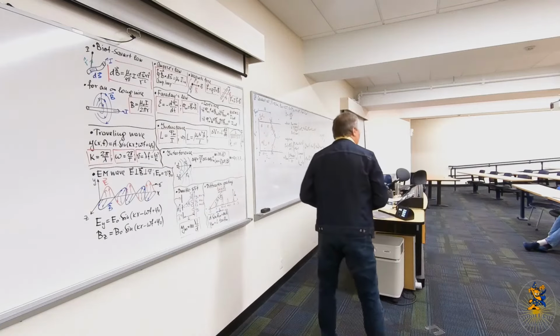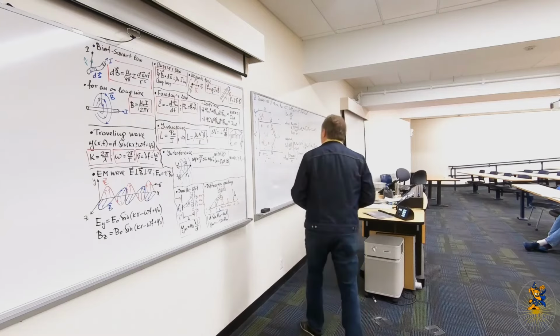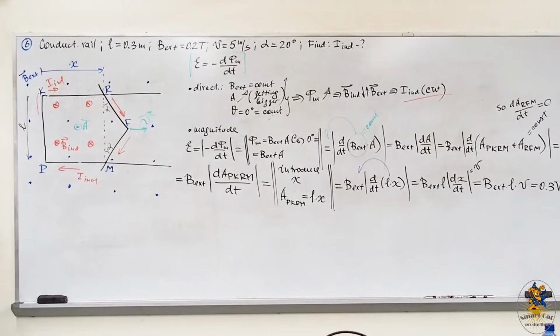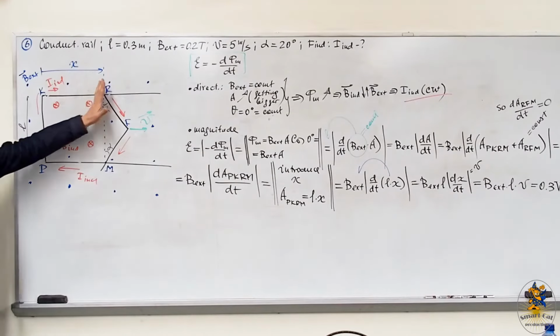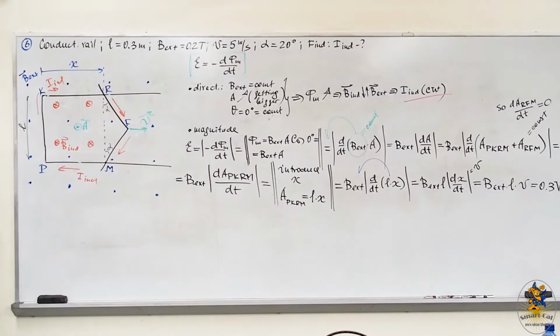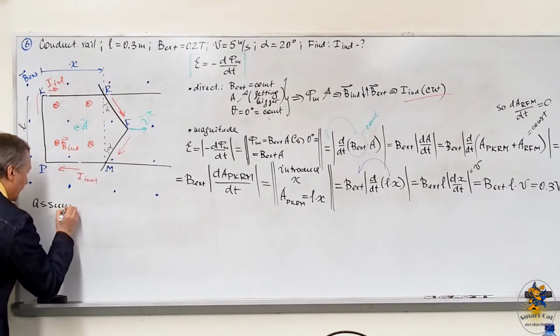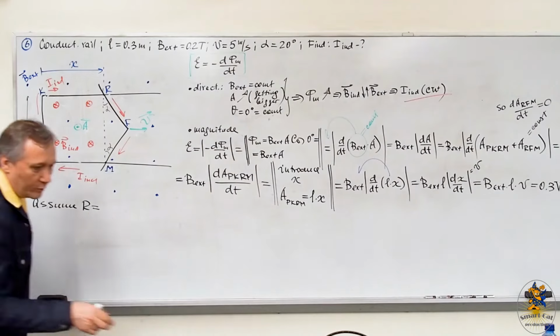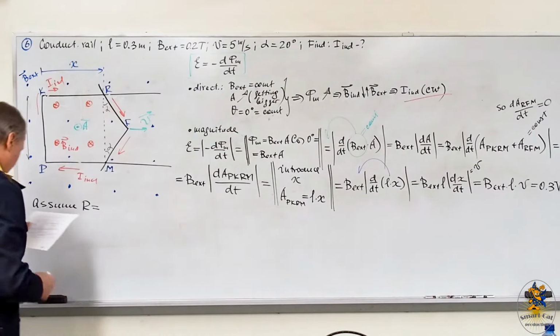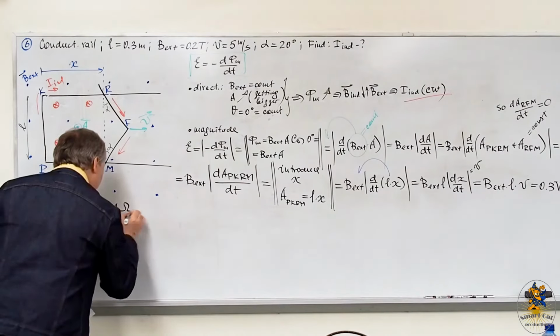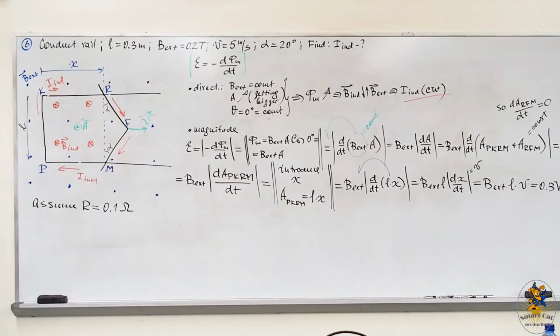So now the last step, current. Let's assume that we know the resistance. Strictly speaking, the resistance of the loop changes in time because these parts of the rod are getting larger and larger, but let's assume at this particular moment of time the resistance is given. Assume R equals 0.1 ohms. It's a normal value of the resistance of a piece of wire.